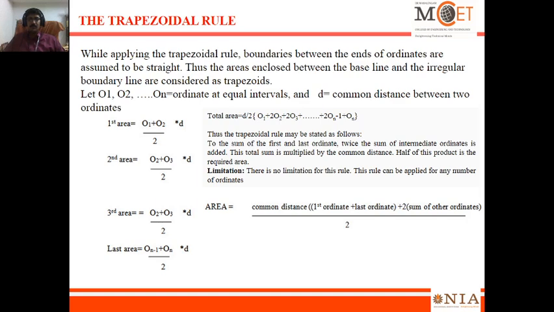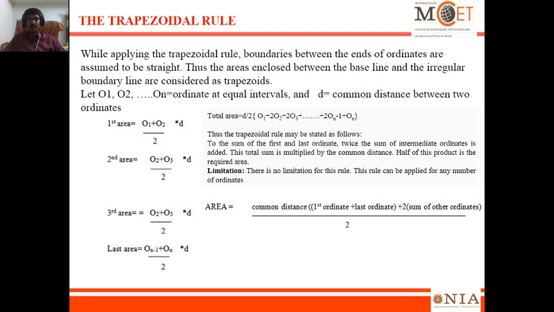And the third one, the most important one, is trapezoidal. From the name itself, the area is considered as a trapezium shape. While applying the trapezoidal rule, boundaries between the ends of ordinates are assumed to be straight. Thus, the areas enclosed between the baseline and the irregular boundary line are considered as trapezoids, right?